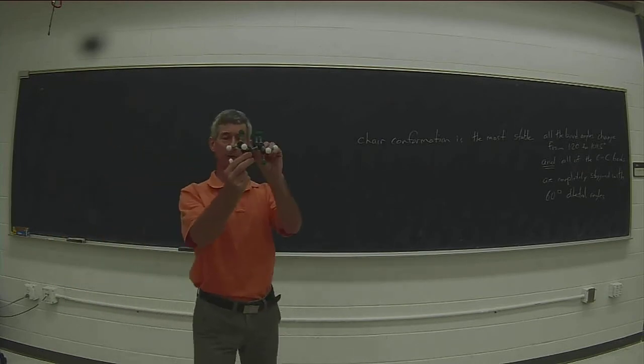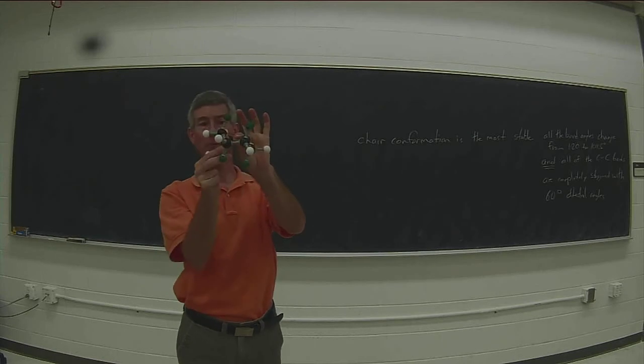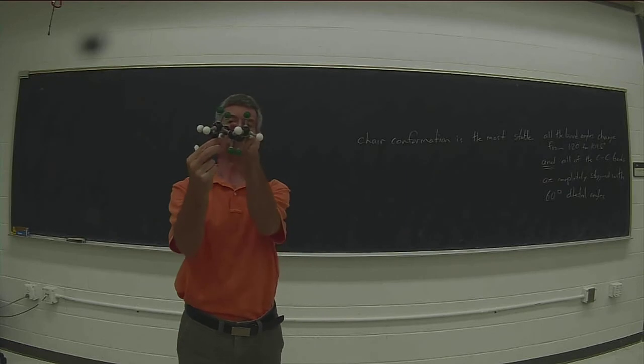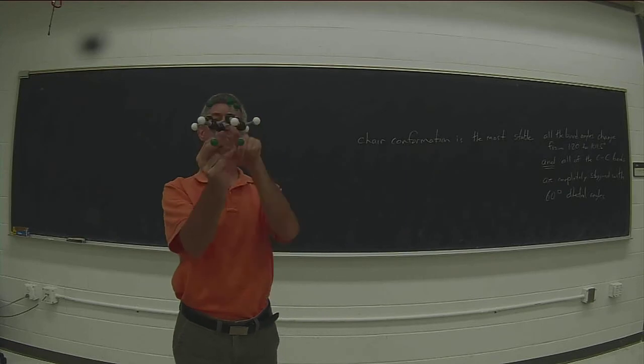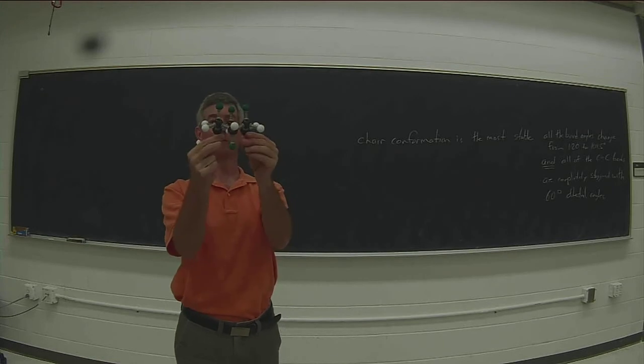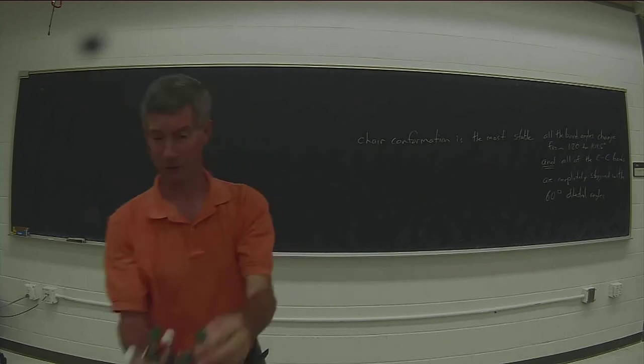You'll notice if you look at the model that these two carbon-carbon bonds are parallel to each other. And these two carbon-carbon bonds are parallel to each other. And these two carbon-carbon bonds are parallel to each other. So essentially what we have here is three sets of parallel lines that we're going to be drawing.